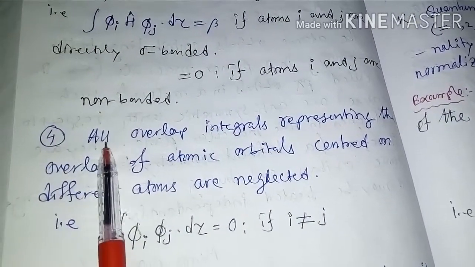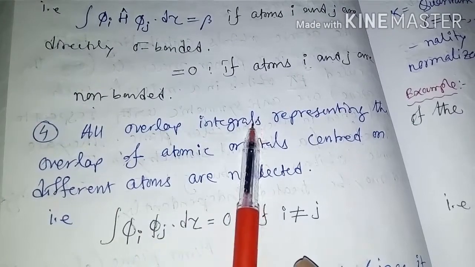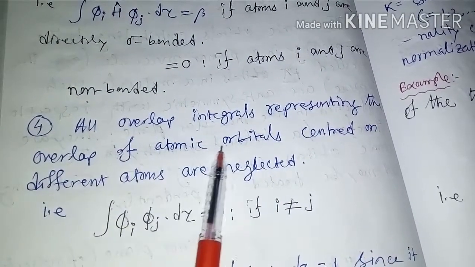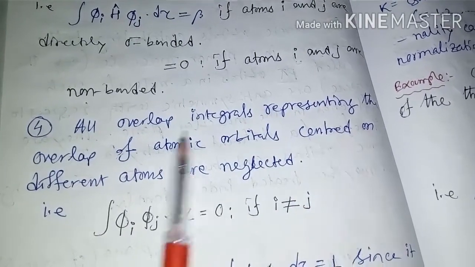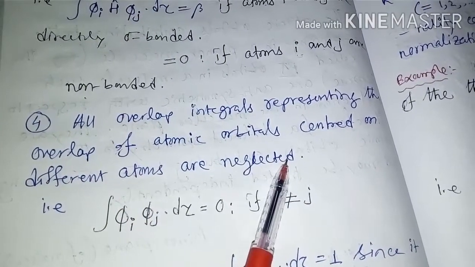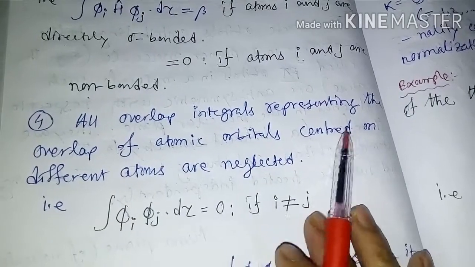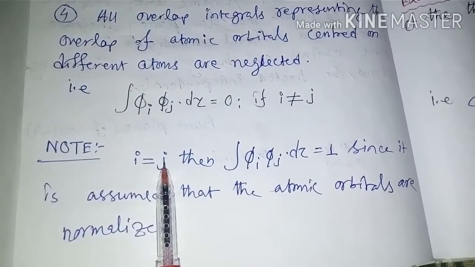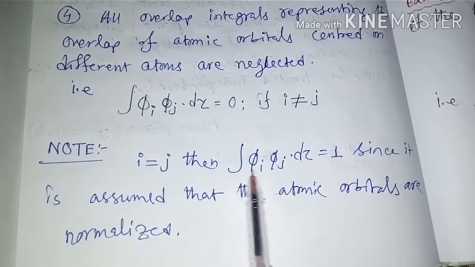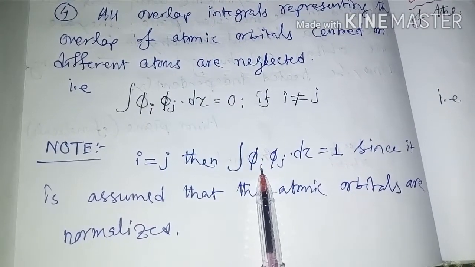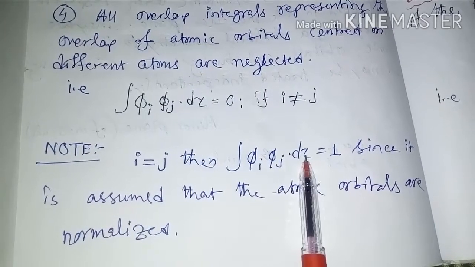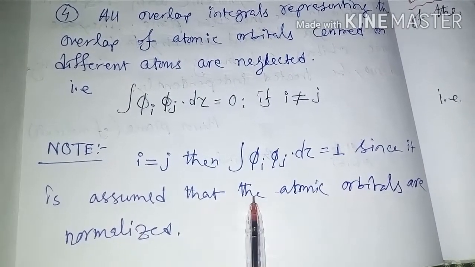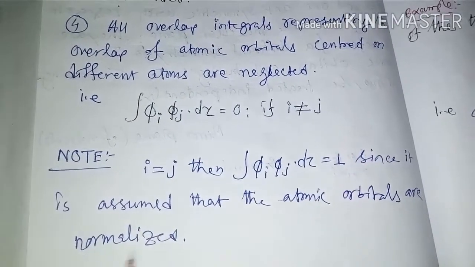So point 4: all overlap integrals representing the overlap of atomic orbitals centered on different atoms are neglected. And this last part is an important note. If I equals j, then the integral of phi I phi j d tau equals 1, since it is assumed that the atomic orbitals are normalized.